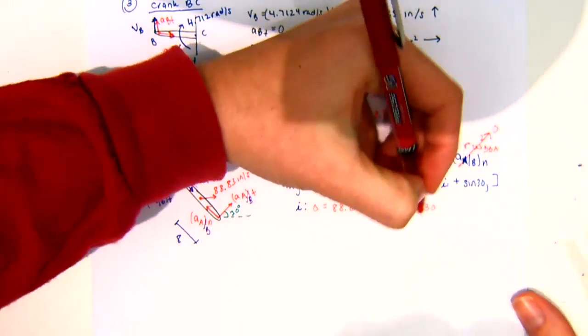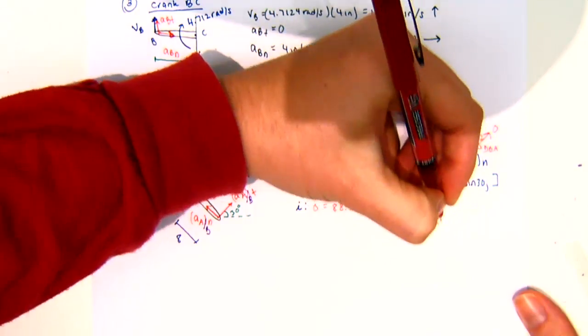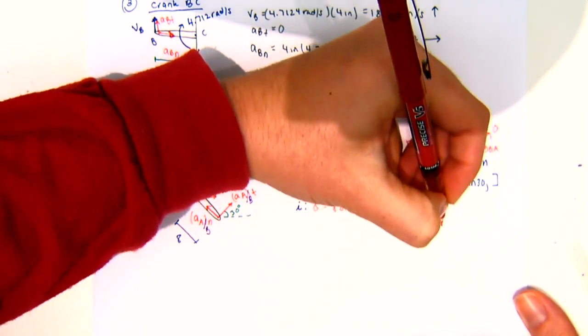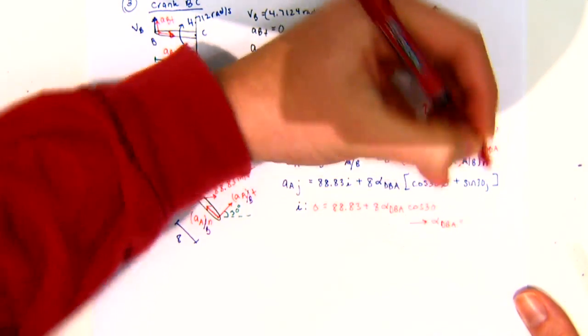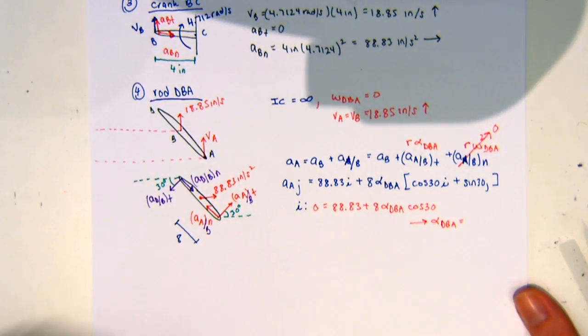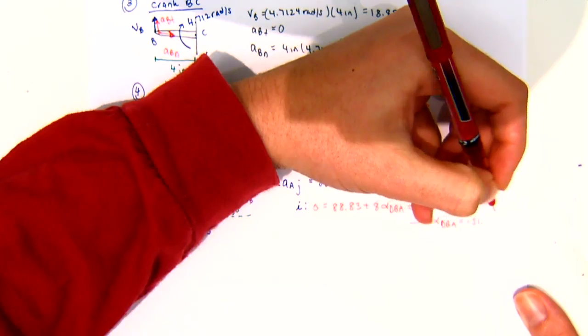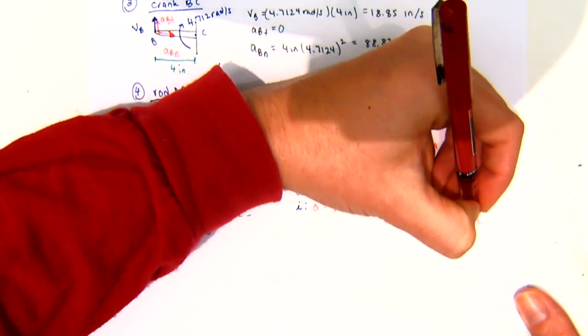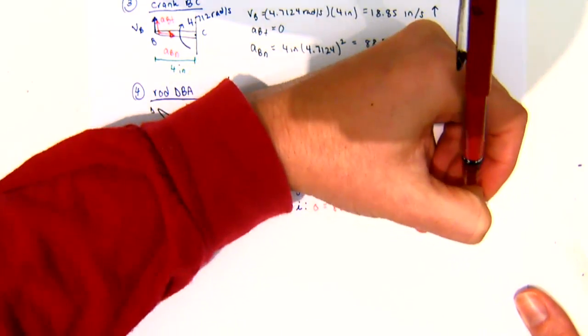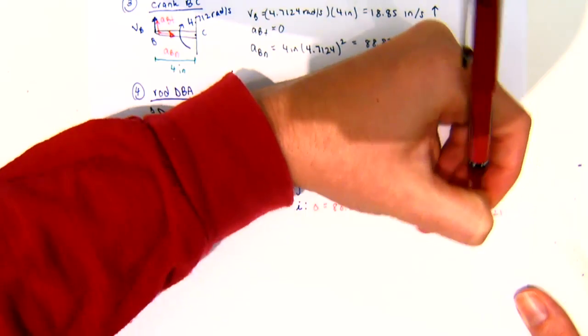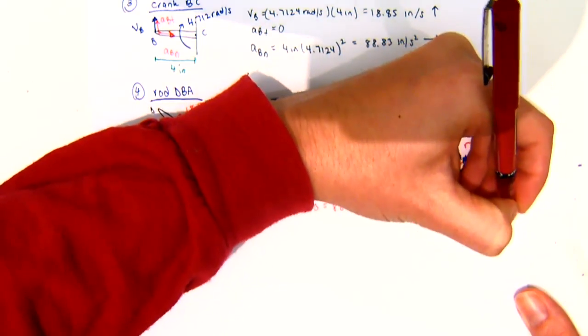And so whenever you solve this, you get alpha dBA is equal to negative 12.821 radians per second squared.